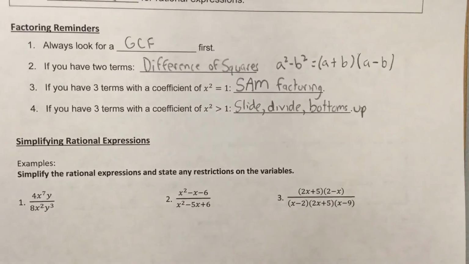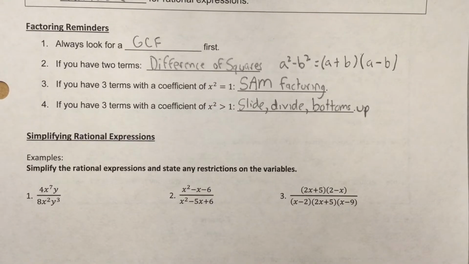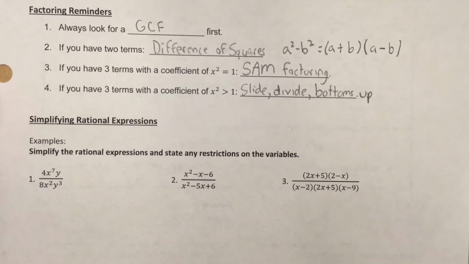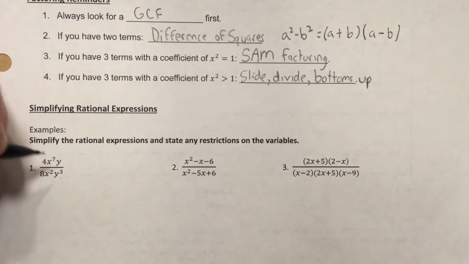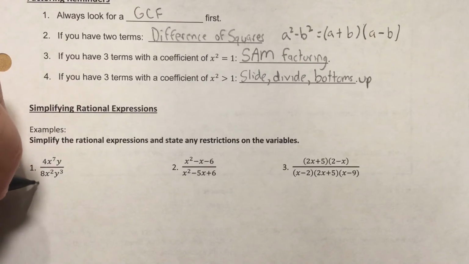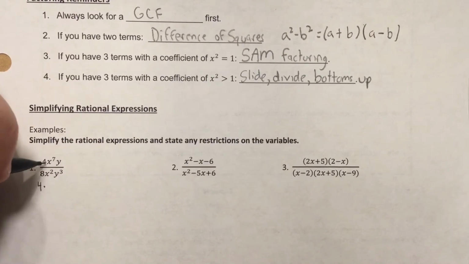All right, so here are some examples as we simplify rational expressions and state any restrictions on the variable. We'll talk about that coming up. Number one is really the simplest form. We actually did problems like this when we did law of exponents. You don't have to write this step, but we really have multiplication between everything here.